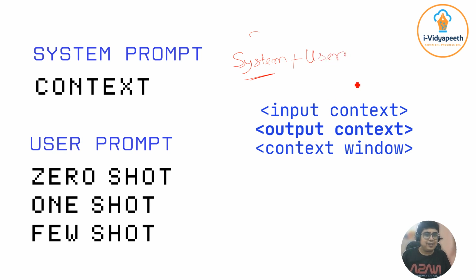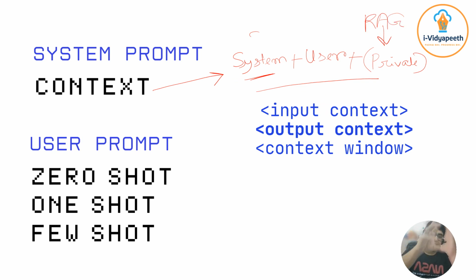Plus, optionally, the private information. These three things together make up the context. This private information we will discuss in RAG. So these three things together create your context.